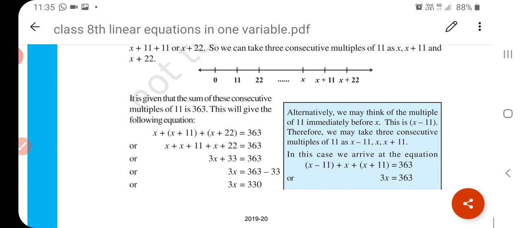Okay, and I will give you one subject enrichment activity. Complete this activity and WhatsApp it to me. Okay, understand? Complete this activity before 10th August, and WhatsApp it to me.